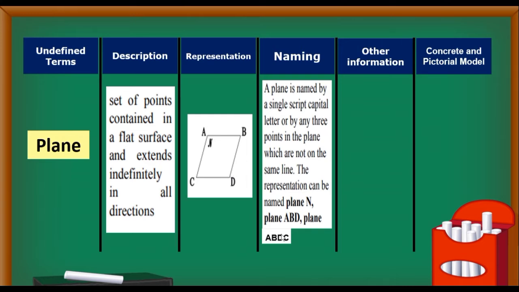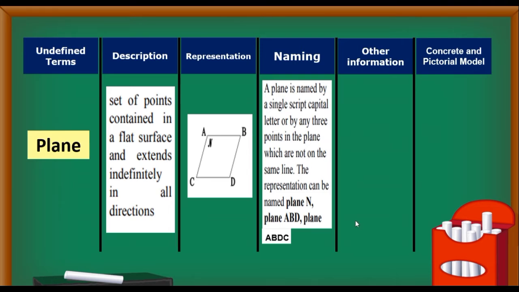Another ay pwede rin po siyang using 4 capital letters, yung point mismo na nandoon sa ating plane. So, pwede siyang plane ABDC, or pwede rin naman pong plane CABD, or pwedeng baliktad, CDBA. So, napakaraming pwedeng pangalan ng ating plane.